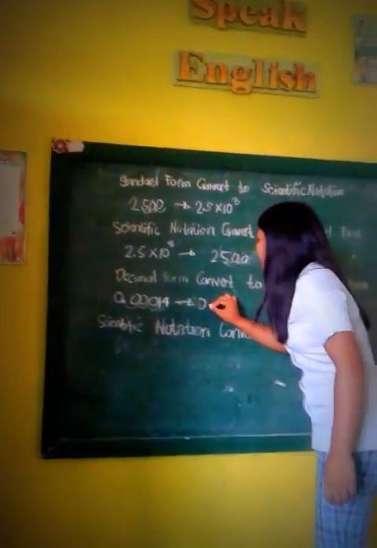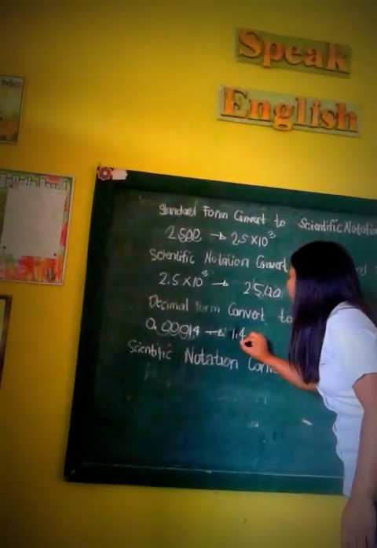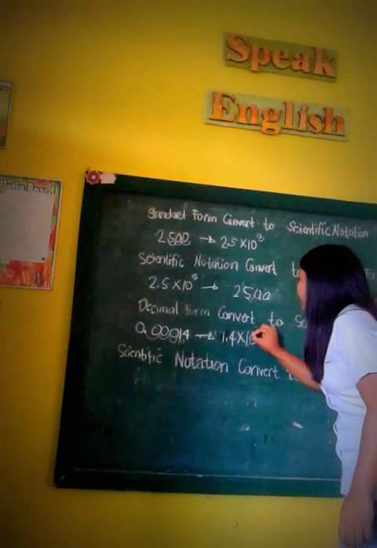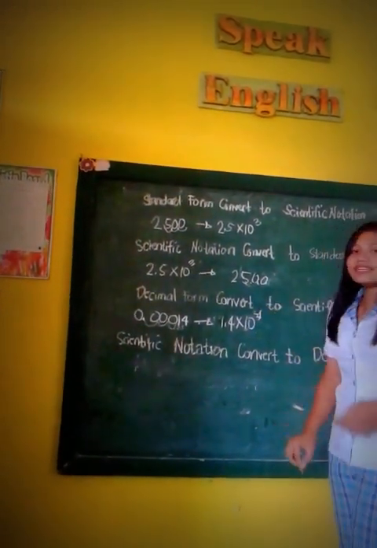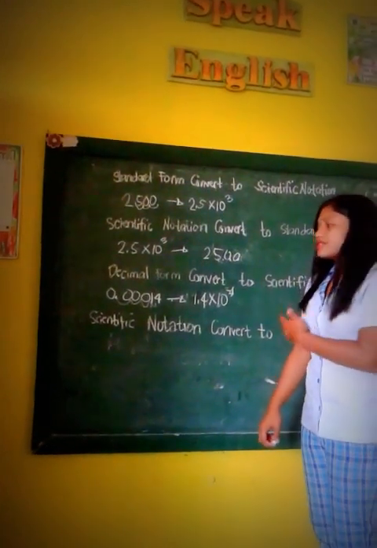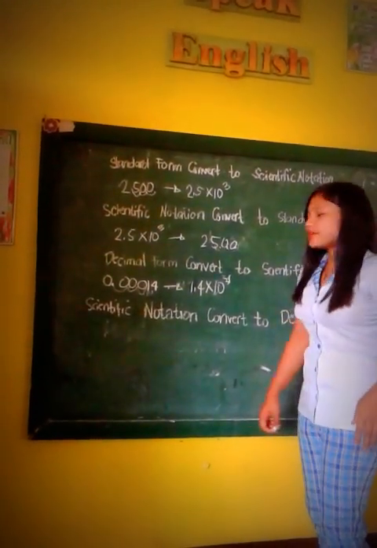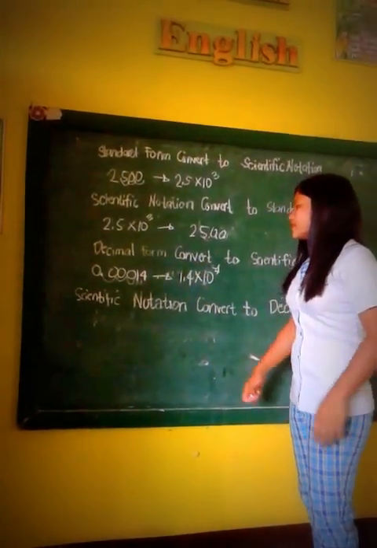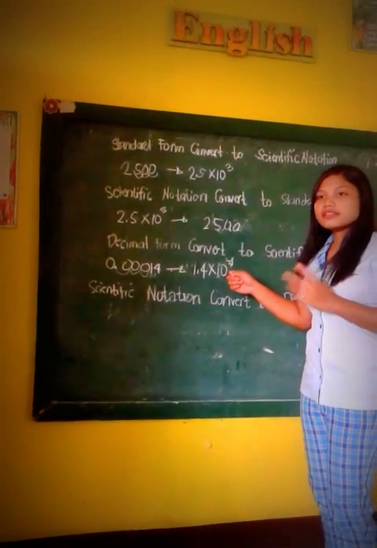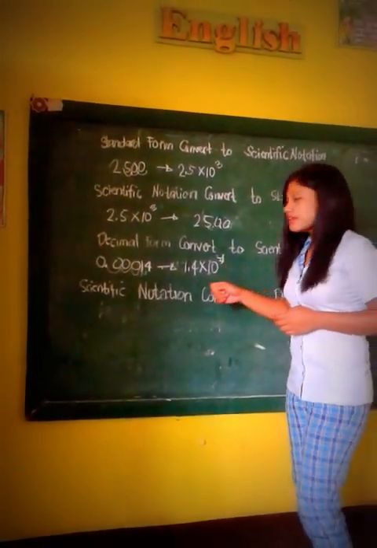So it will become 1.4 multiplied by 10 raised to the power of -4. Why did it become -4? Why do we use a negative instead of positive? Okay, we use negative because we are talking here about a decimal form. So the integer that we are going to use is negative.